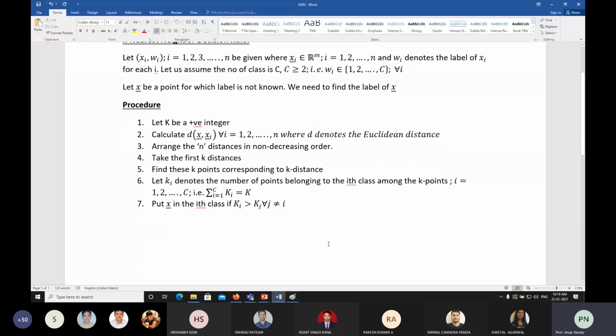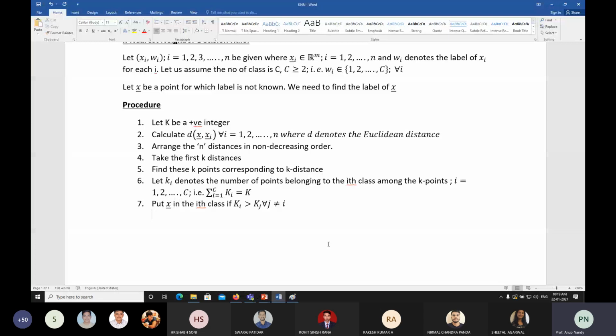So this is the procedure for computing the k-nearest neighbor. Now you put X in the ith class where the number of class representatives is highest. If you find the number of class representatives is larger in one class, then you have classified that point in that particular class. Means if Ki is greater than Kj for all j not equal to i.